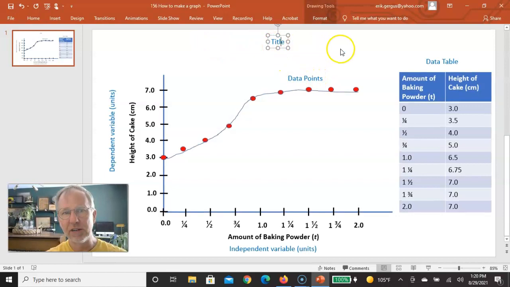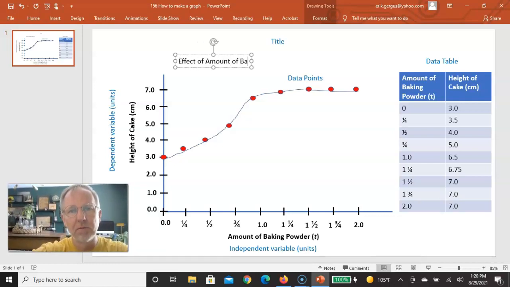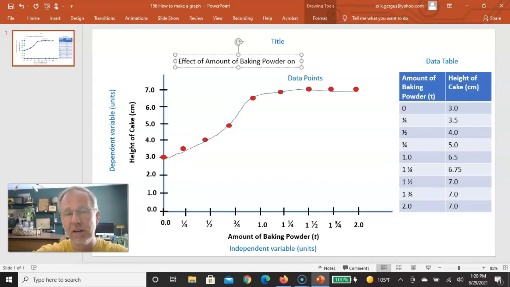So the title's written above the graph, on top of the graph. And for all the graphs that you do in this class, you probably can begin it with the words effect of, and then you name the independent variable, effect of amount of baking powder on, okay, and then you name the dependent variable, height of cake.